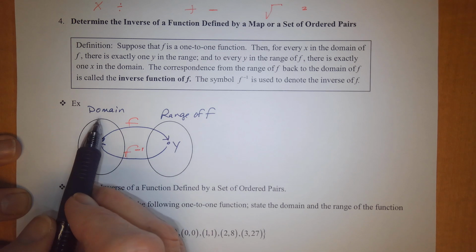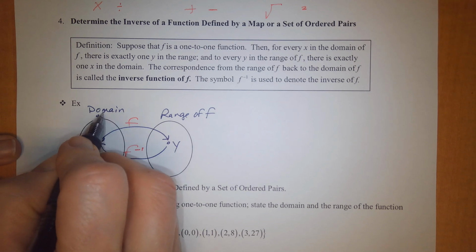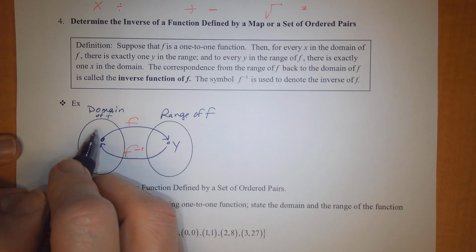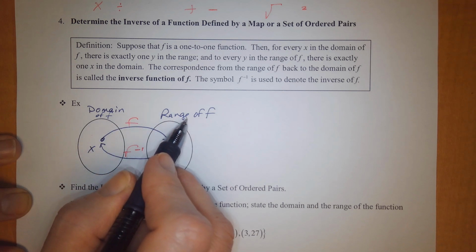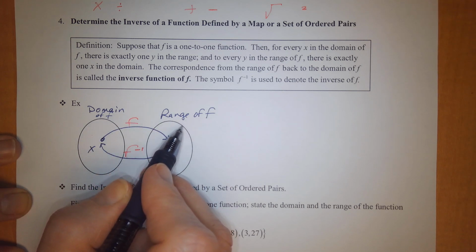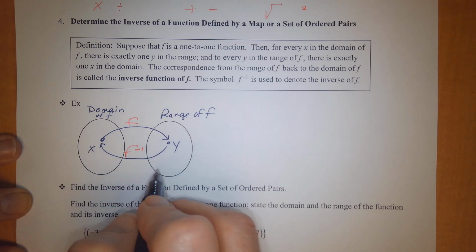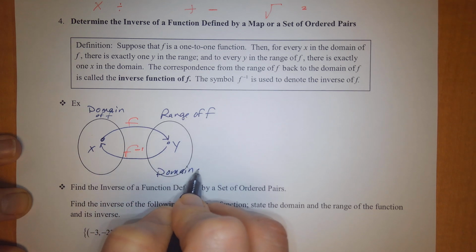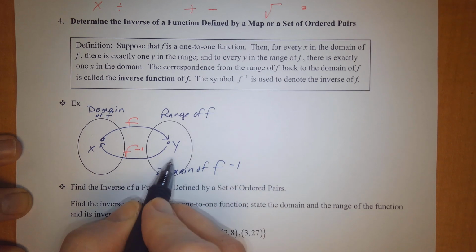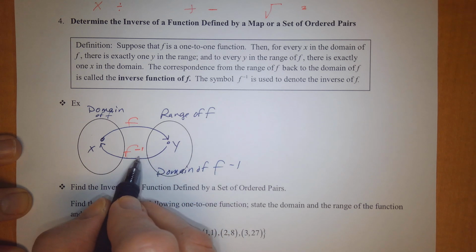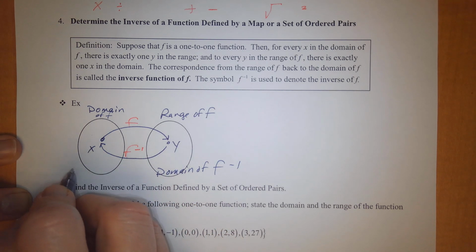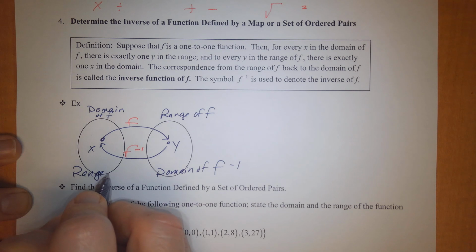So the domain of the original function f sends x to the range of f. But now if we look at this separate image down here, where this would be the original domain of the inverse, and it sends y to x, which then would be the range of the inverse.